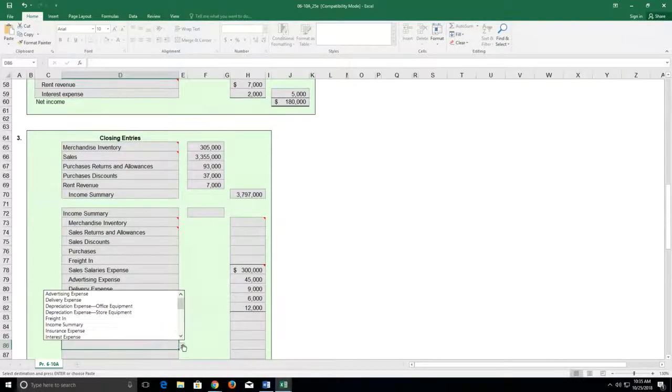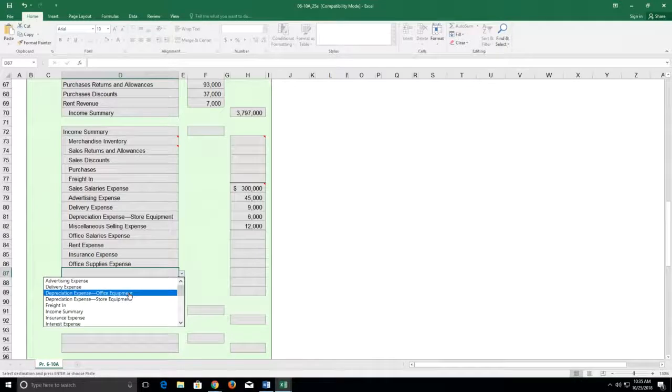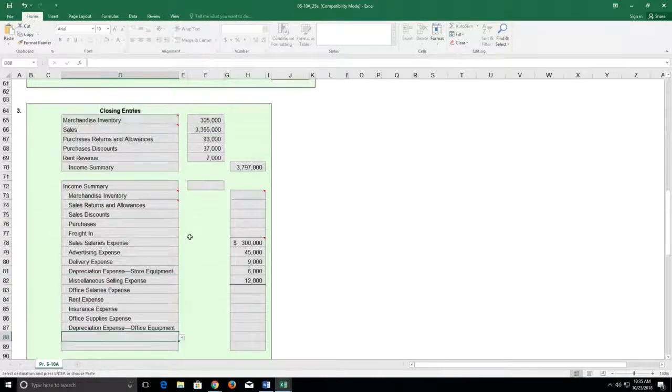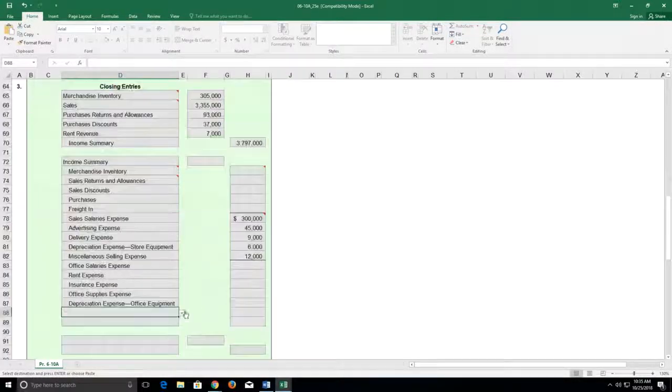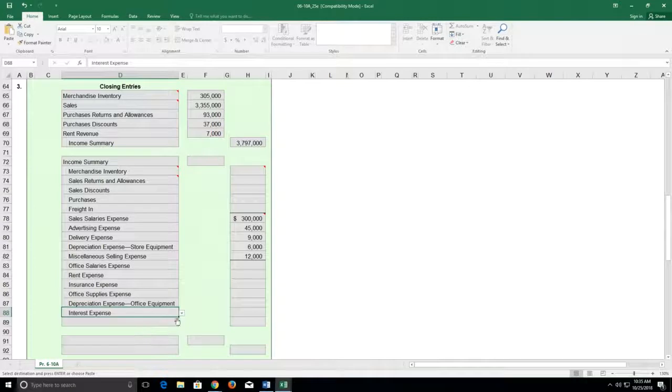Then office supplies. After office supplies, we had depreciation. Then after that, we had, what was that last two? Depreciation, office equipment. Then we had good old miscellaneous. And we had interest expense. Yep, they want us to do that.